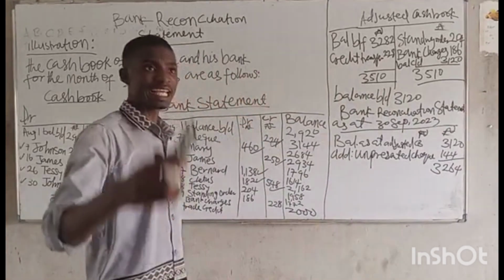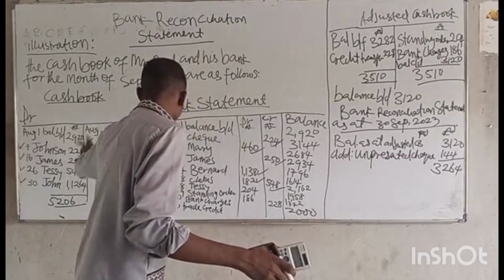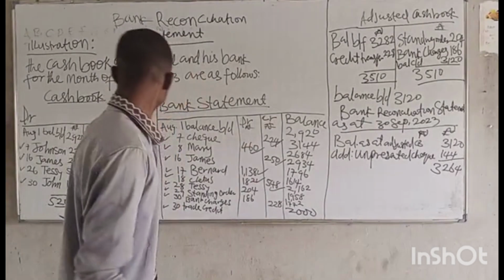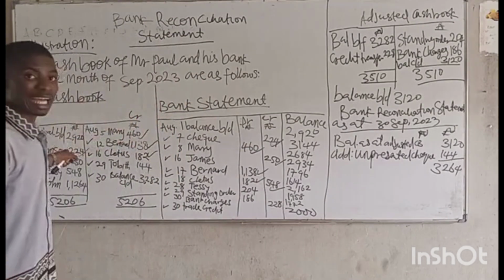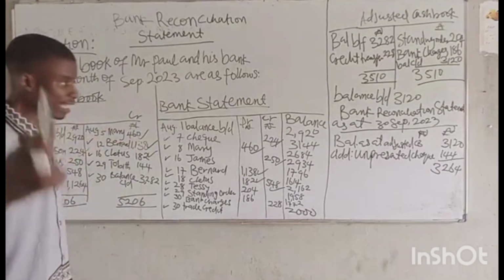I told you that any item remaining after comparing the cash book with the bank statement, any item or amount still remaining at the debit side of the cash book, will represent the uncredited check.